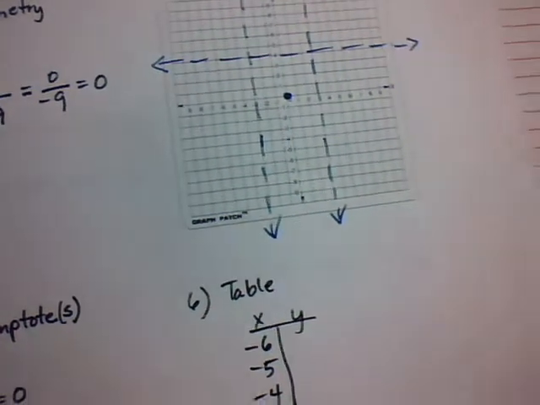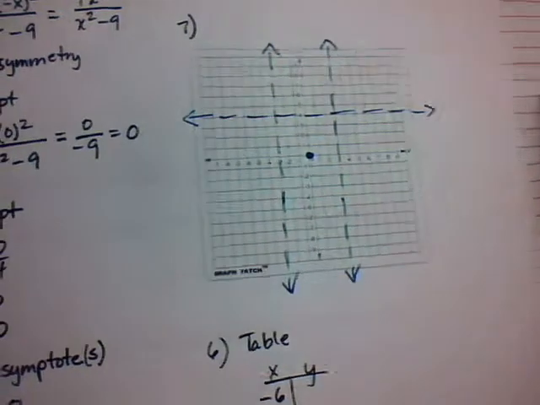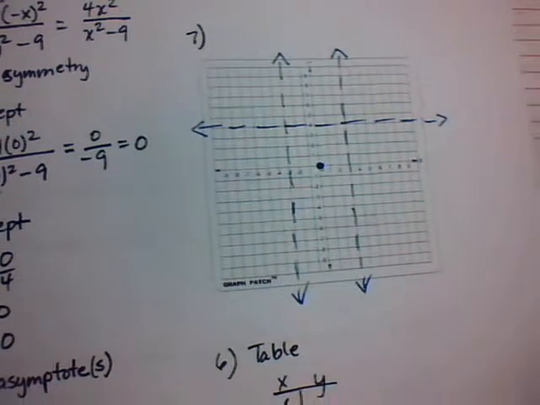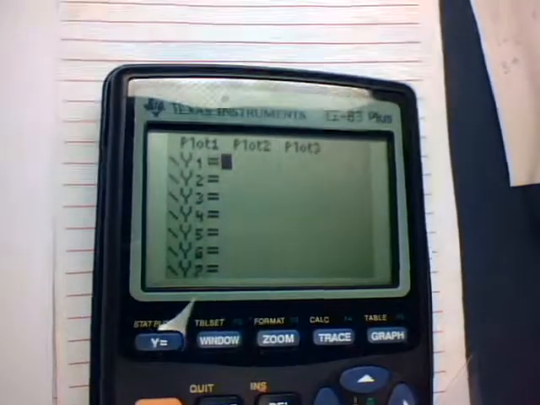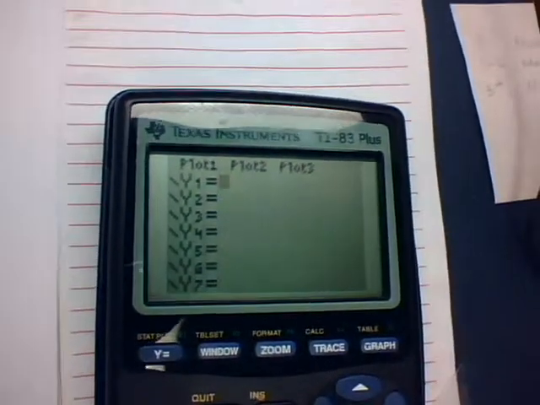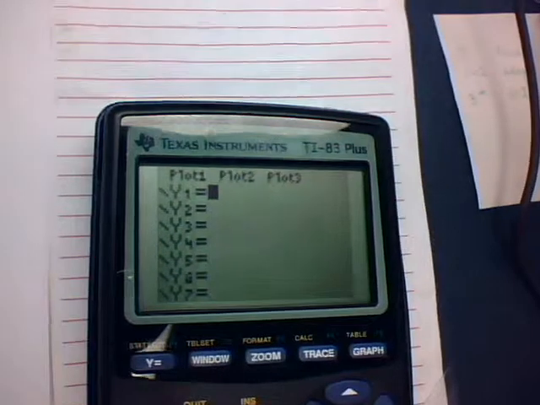Okay, now this is where we use our calculator to help us out with some of these points. We go to y equals, and then we press the clear key if you have anything in y1. The numerator is 4x squared.